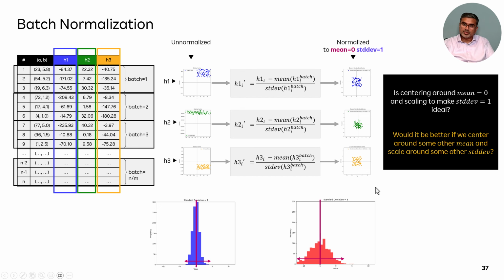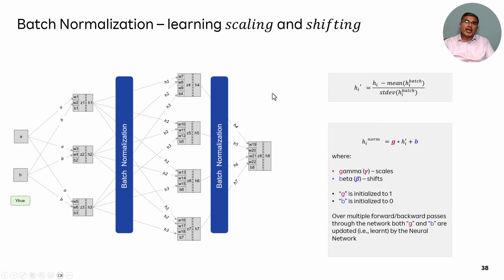That's very powerful. So what batch normalization does is that it actually modifies the normalization algorithm by first calculating your normalized values exactly around the mean of 0 and the standard deviation of 1. But then you multiply that with a value of gamma and then you add the value of beta.